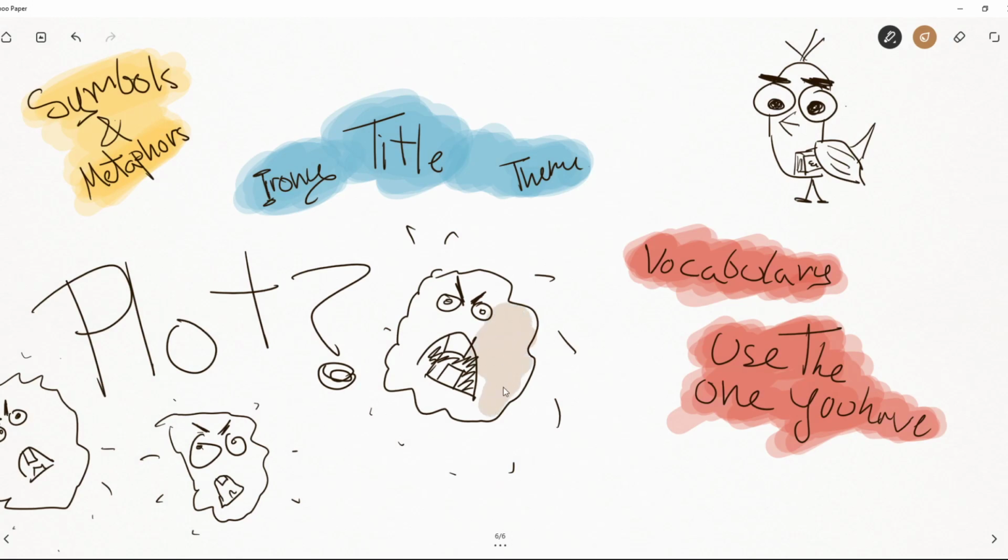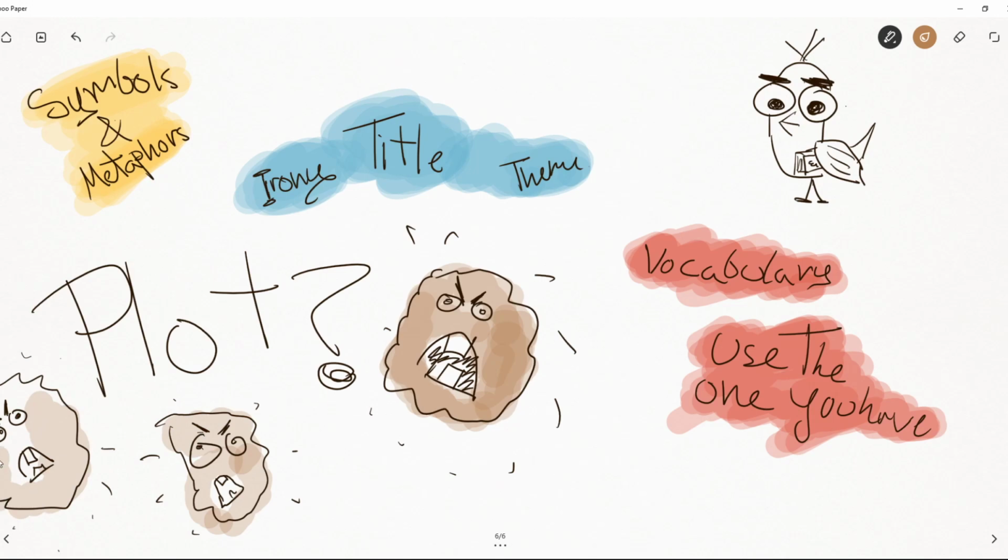So finally, back to the plot. The plot is usually the main focus of a lot of people when they are trying to retell or analyze a story. But that is not the best way to start if you want to be creative and actually want to tell a story to people.